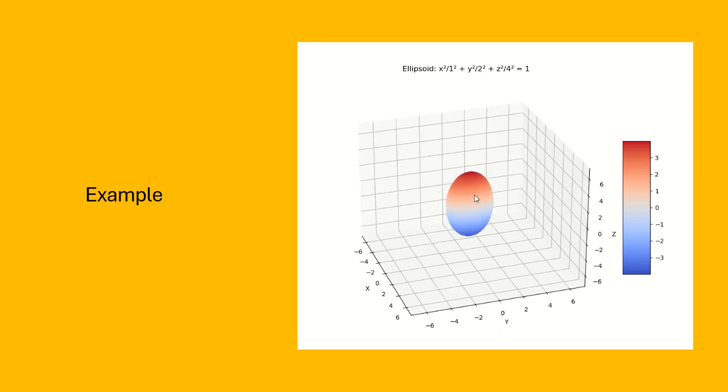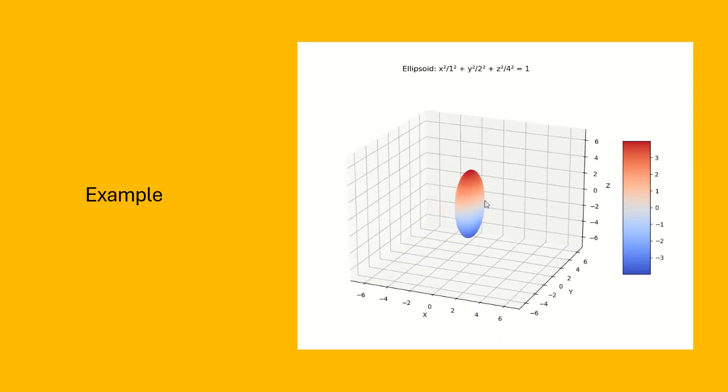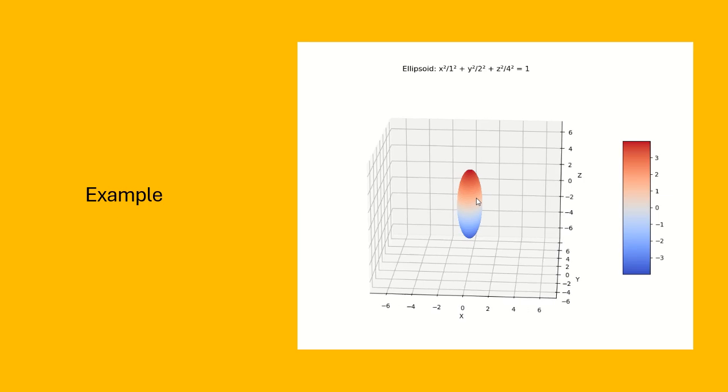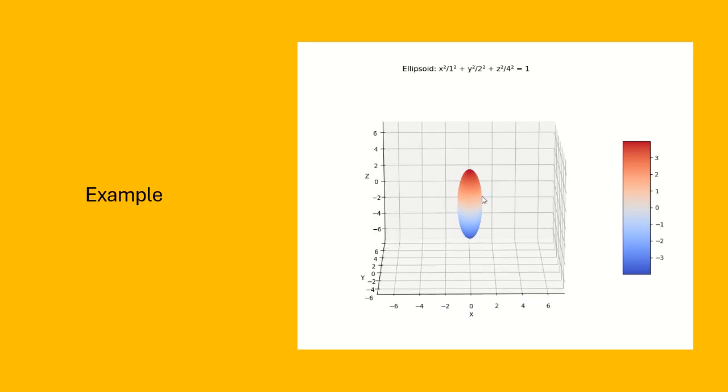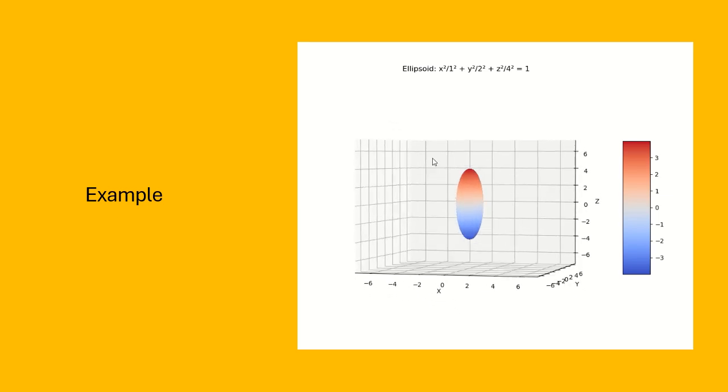If we rotate back this way so that we get the x-axis head on, right about there I guess, the extent of x values in the surface goes from x equals -1 to 1. The z coordinates for points on the surface go from -4 to 4. So that gives us a pretty good idea of what this ellipsoid looks like.